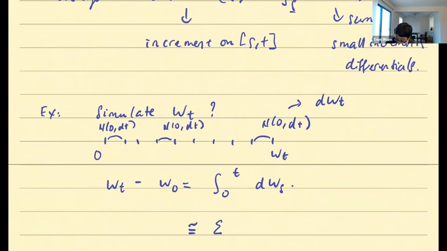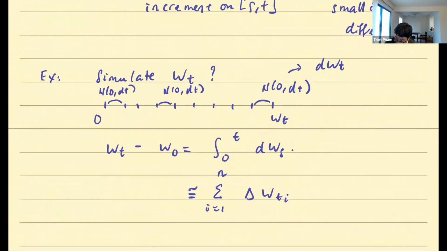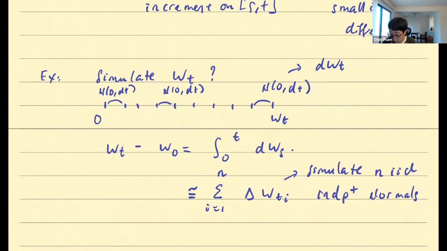In a computer, what I need to do is simulate n IID independent normals with mean 0 and variance dt, where dt is that small time interval that I care for. And if I patch them up like that, if I keep adding these increments, then I get my Brownian path.